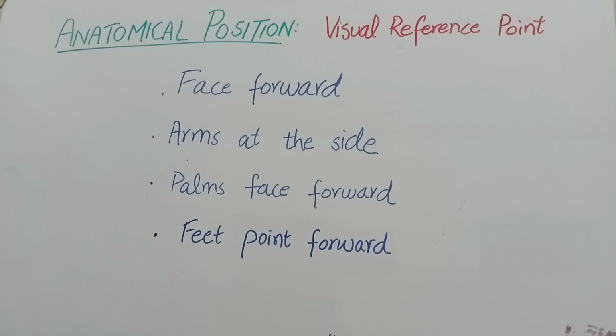The feet should be shoulder length apart. So this is known as the general anatomical position. The palms face anteriorly with the thumbs pointed away from the body. So this is a visual reference point for the purpose of further study and dissection.